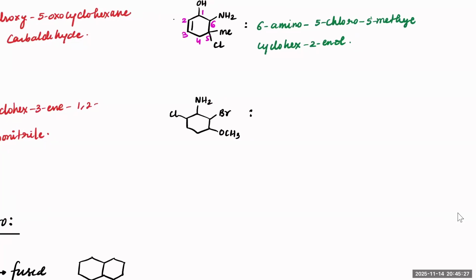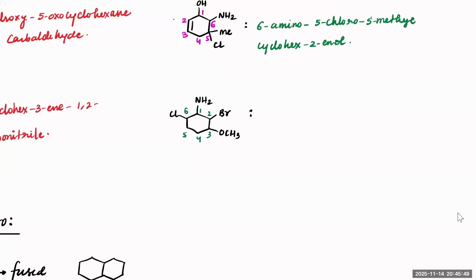I hope this is clear, everybody. See the next one. In here again, if you notice, the main functional group is amine. So we'll be starting with amine and try to go for the lowest locants. The lowest locants is possible if you go clockwise.